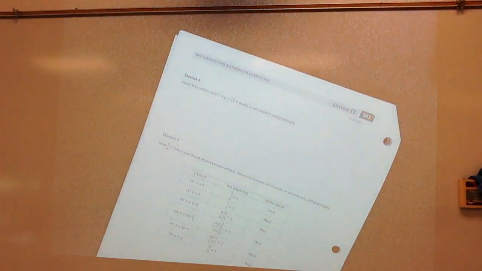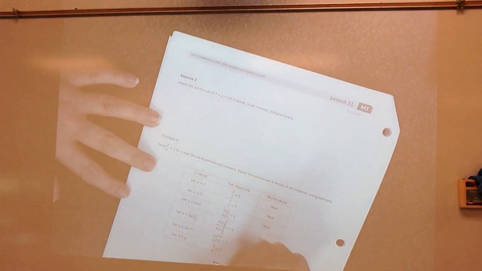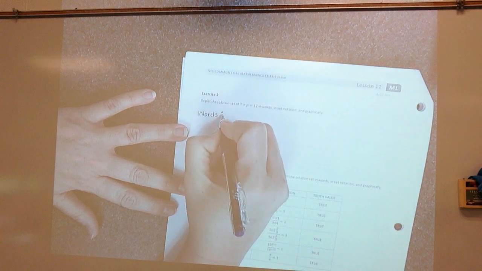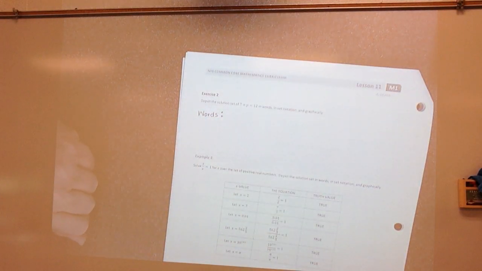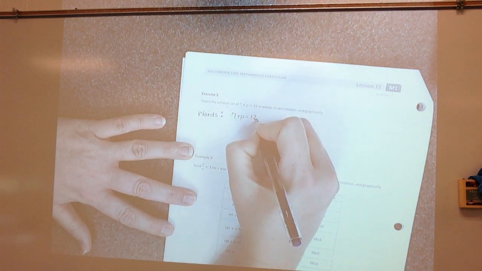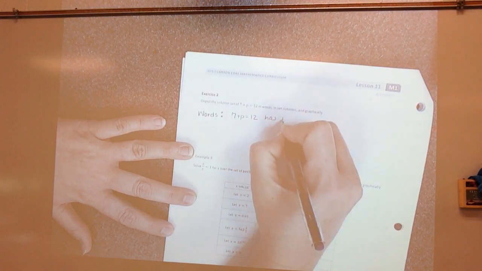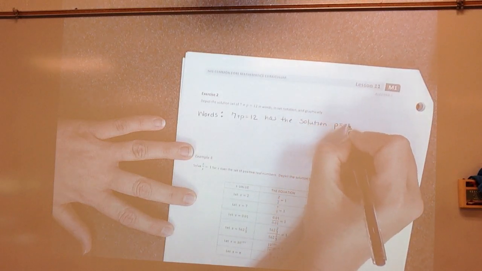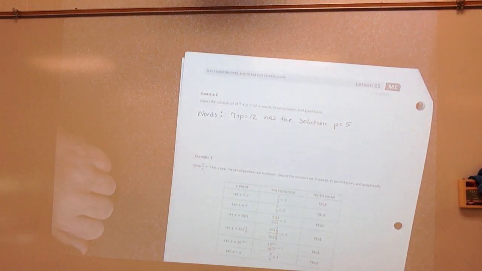Exercise number 2. Depict the solution set of 7 plus p is equal to 12 in words, in set notation, and graphically. We've already answered this one. Now they just want us to do it in words. What did we say is the only thing I can put in for p? 5. So 7 plus p is equal to 12 has the solution p is equal to 5. Okay?